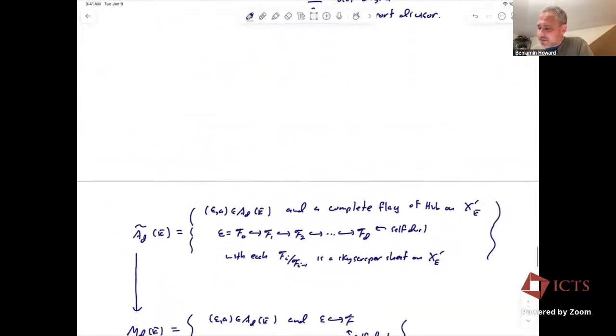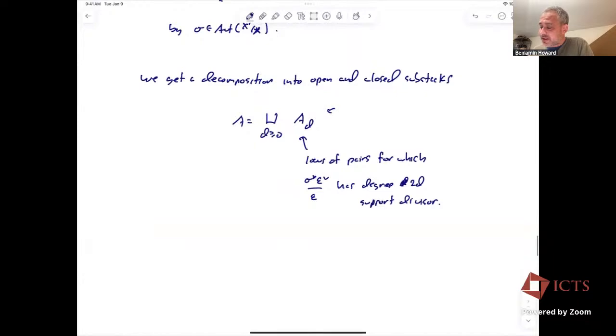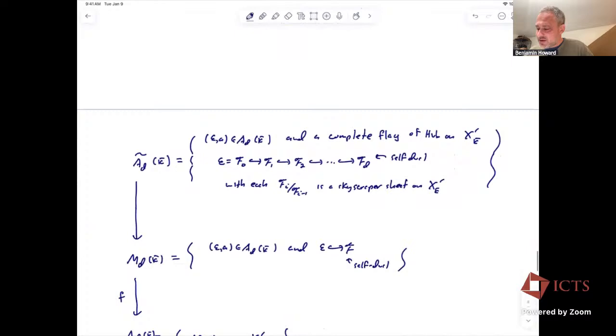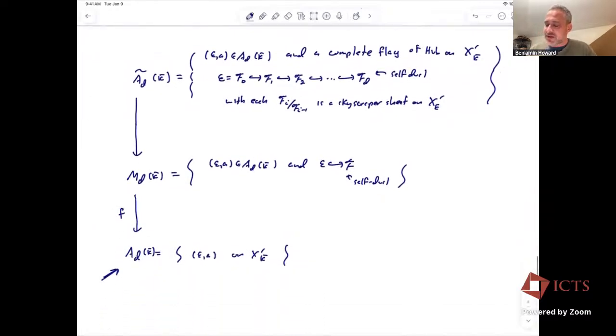So the fibers of these maps are complicated. You can imagine that I had a point EA where this co-kernel sheaf had very high degree, but was supported at a single point. And when that happens, there are lots and lots of ways to construct these flags.